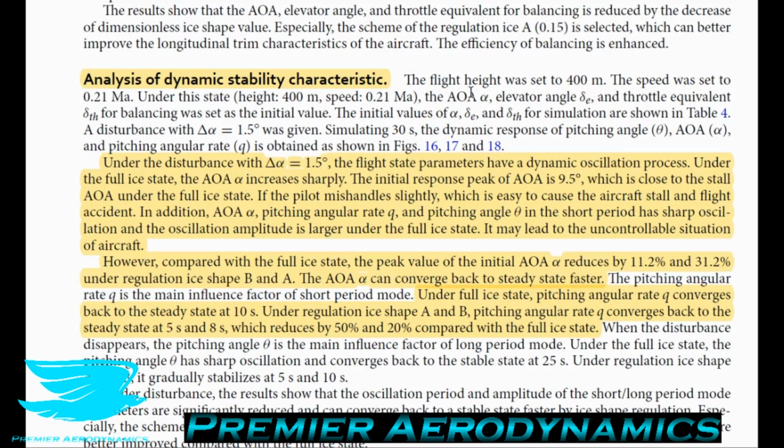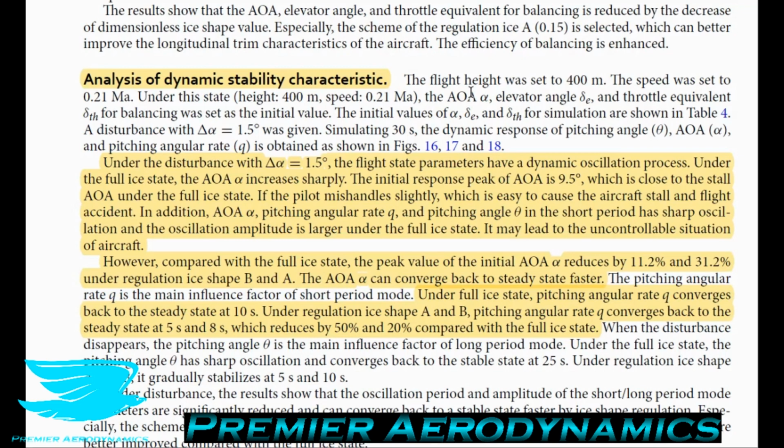However, compared with the full ice state, the peak values of the initial angle of attack when you have the A and B ice shapes are reduced by 31.2% and 11.2% respectively. So in other words, you get the same perturbation of 1.5 degrees. And if you have ice state A, the angle of attack will still increase, but it'll only increase up to about 6 degrees instead of 9.5 degrees.